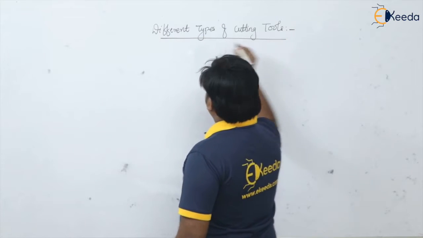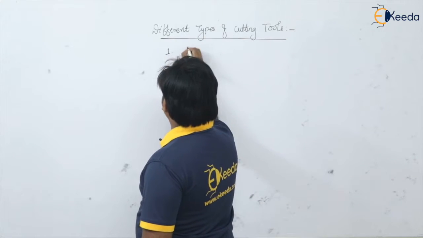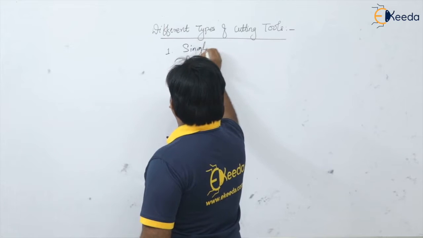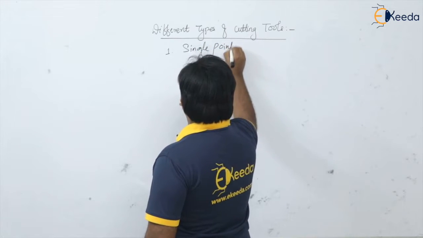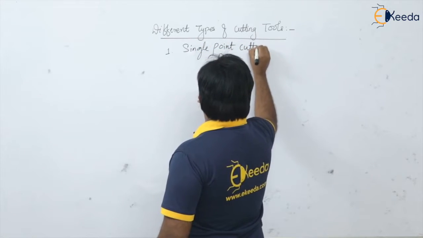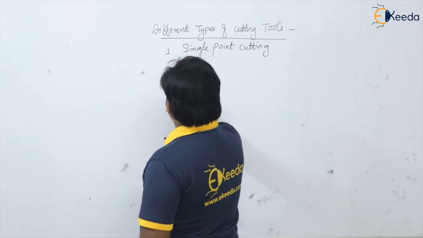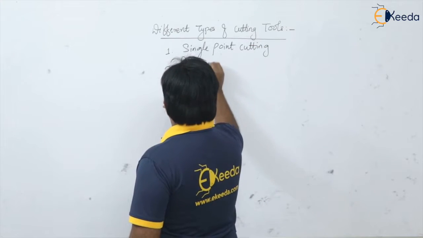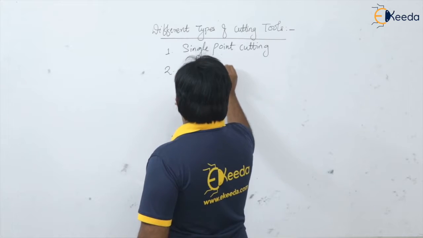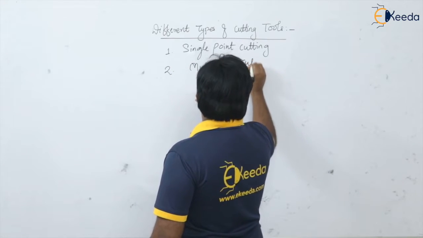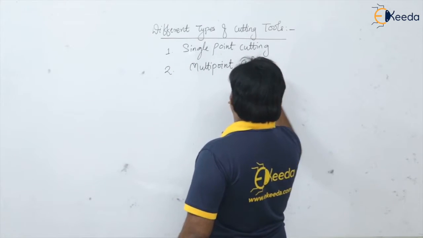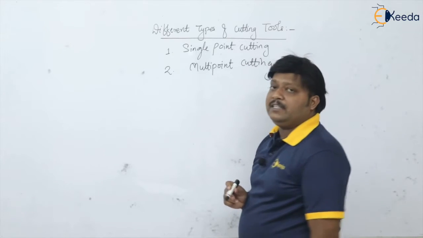So there are two basic cutting tool types. One is the single point cutting tool, and the second one is the multi point cutting tool. Now what is meant by a single point cutting tool?